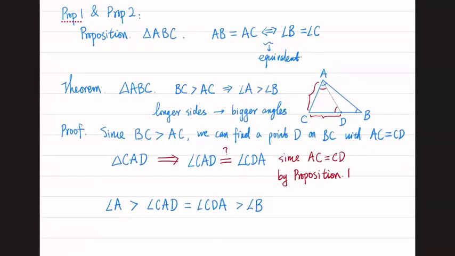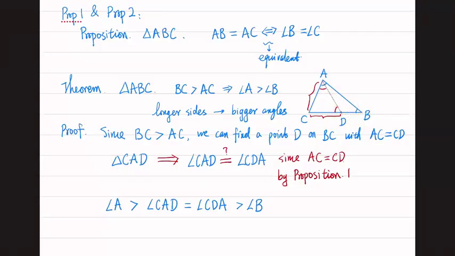If we look at this triangle ADB, this one is the exterior angle, so it will be the sum of the two interior angles. So this is bigger than any one of them.